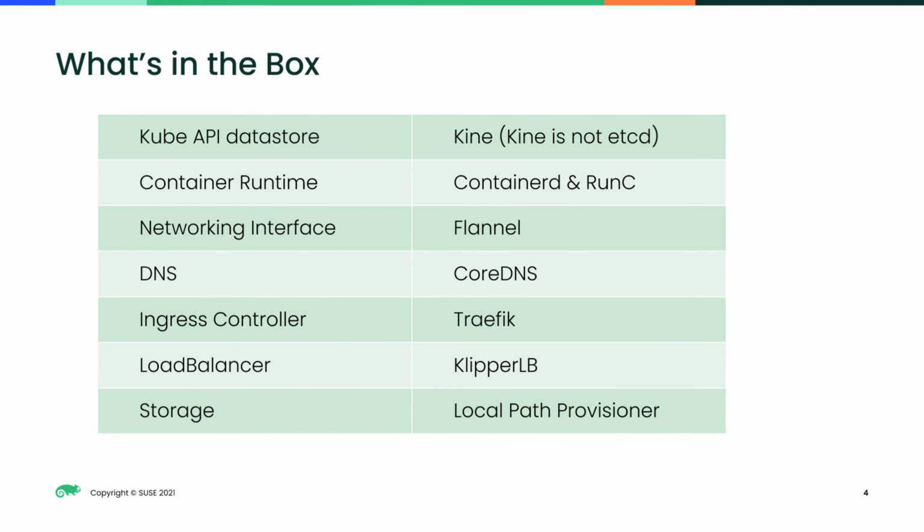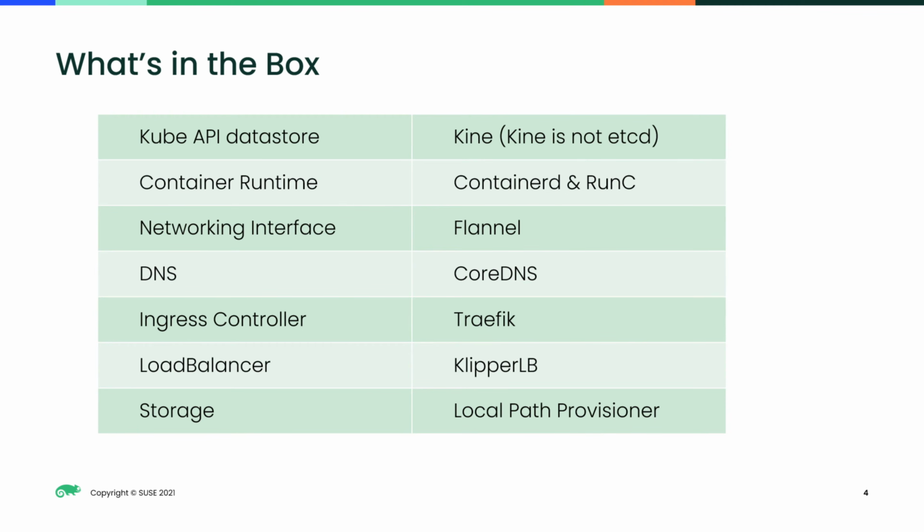For a one node configuration, we default to using a SQLite data store. But you can also use an embedded etcd, or you can back it by Postgres or MySQL. So there's a lot of flexibility that we offer by using this Kine shim layer.